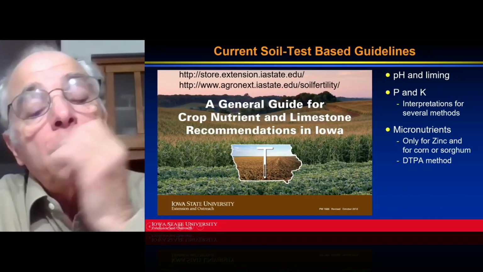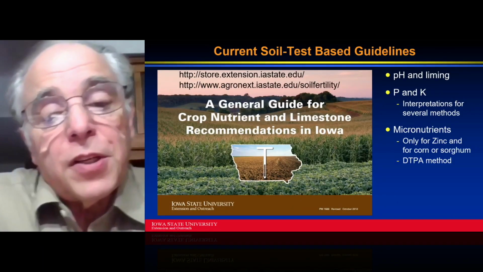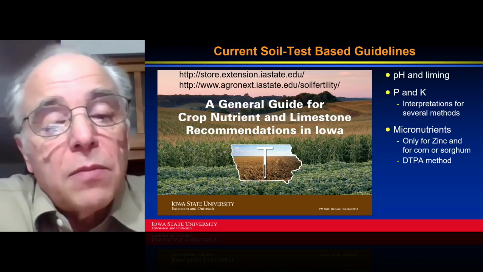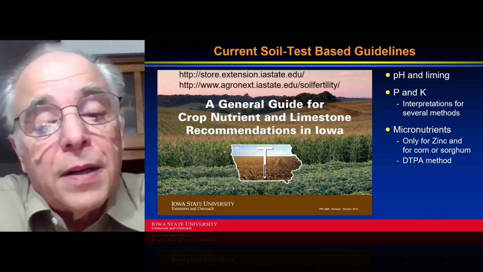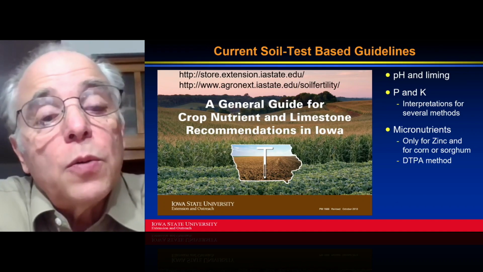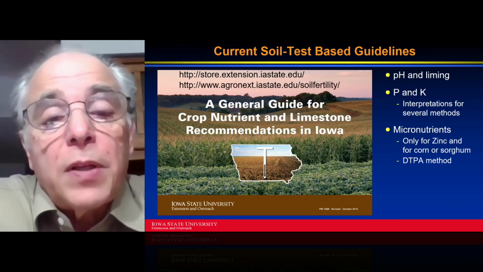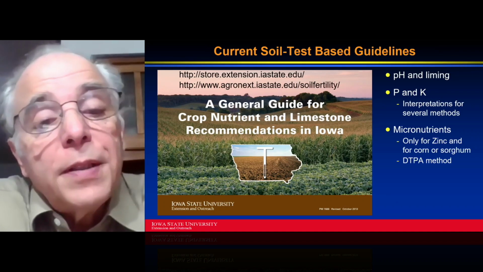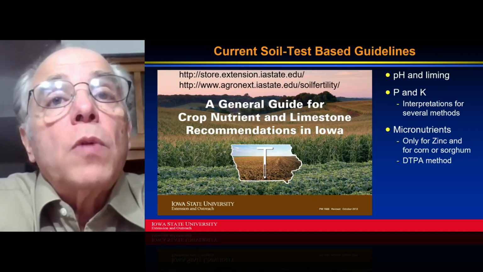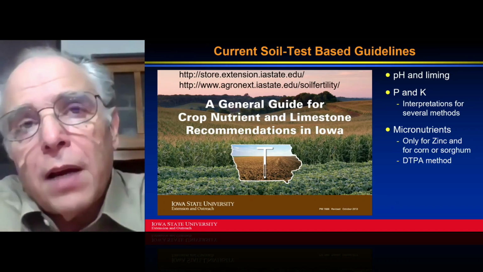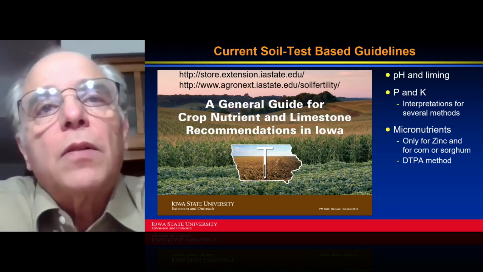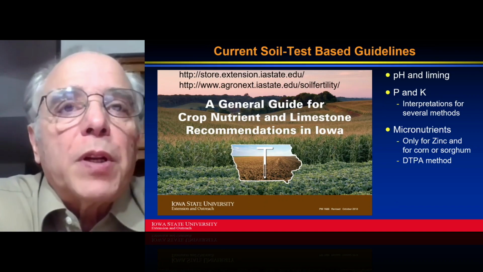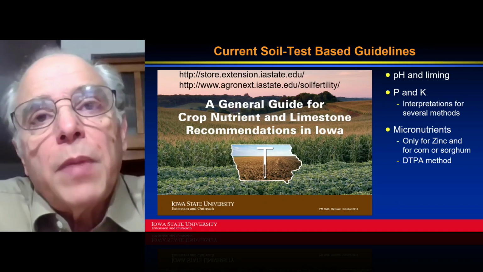Now we have all this in our general guide for crop nutrient and limestone recommendations in Iowa, PM 1688. You can get them in those two links that I put there, in the extension store or in our soil fertility website. In there we have guidelines for pH and liming, for P and K, with interpretations for several soil test methods.